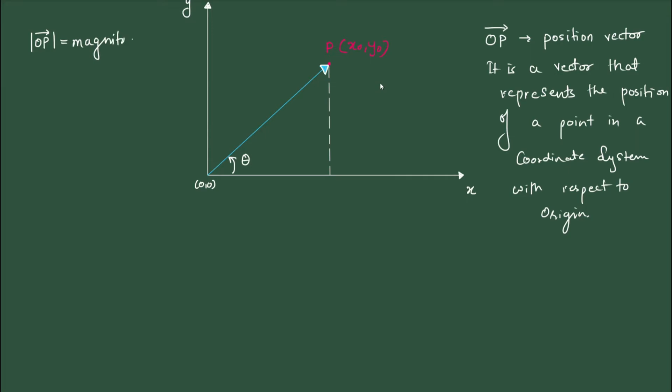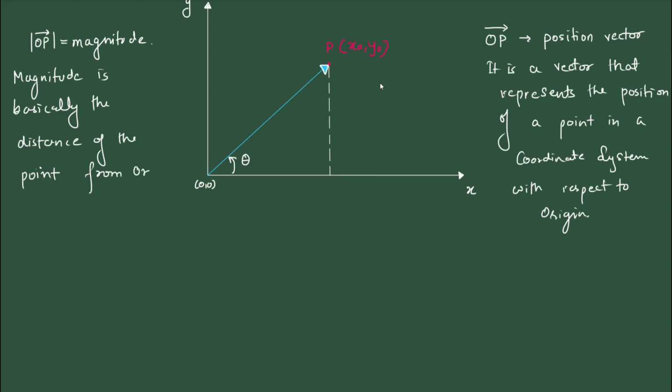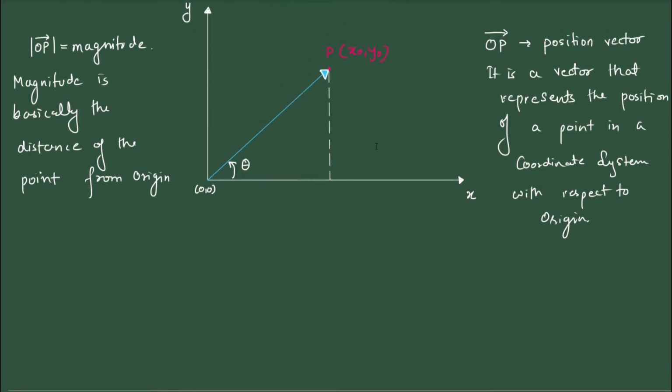Now what is the magnitude? Magnitude is basically the distance of the point from the origin.